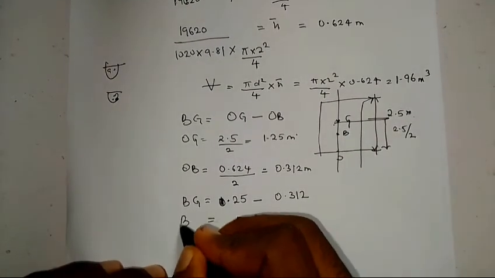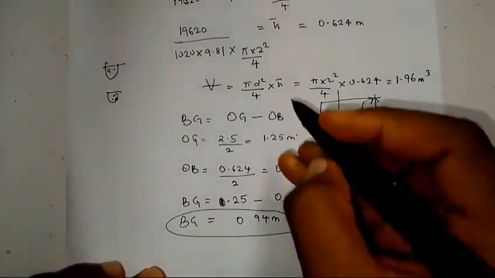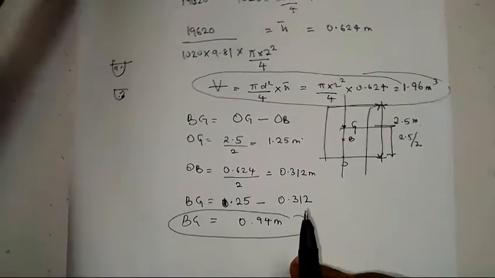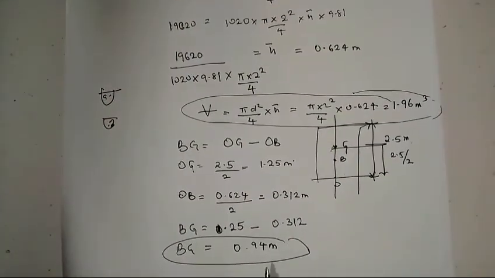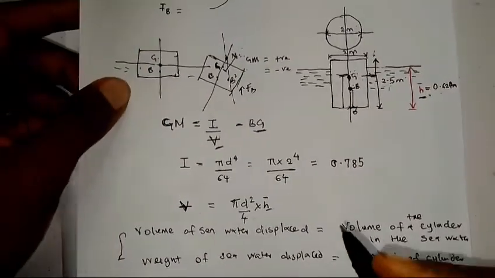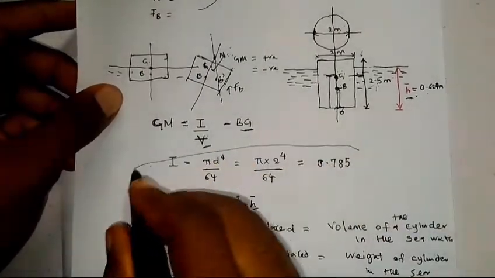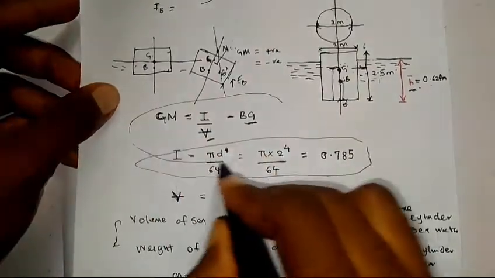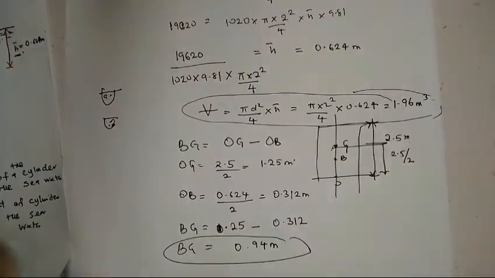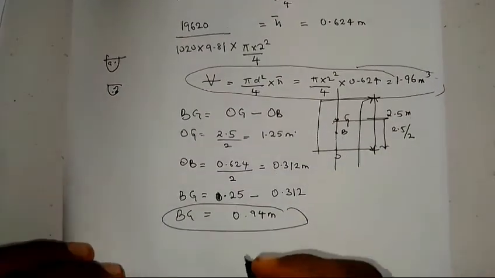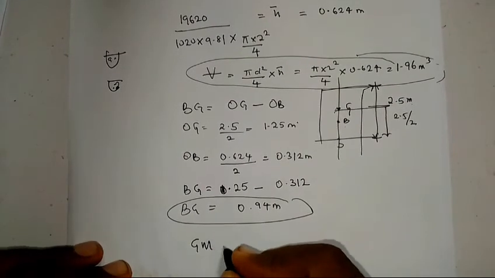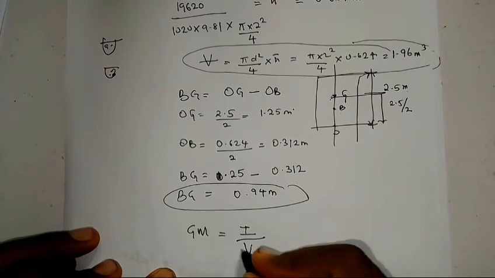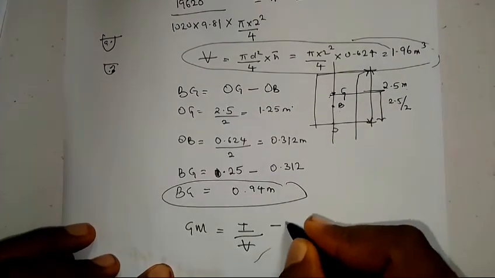Because I have my BG, my volume of water displaced, and my moment of inertia, which we got to be 0.785, I can put it back in my formula to get my metacentric height. So my metacentric height, GM, equals moment of inertia divided by volume of water displaced, minus BG.